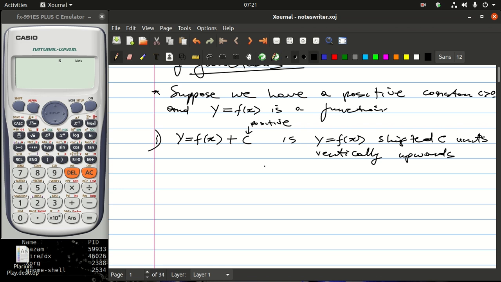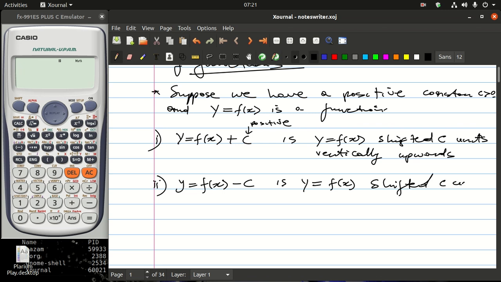And then the second one, y is equal to f of x minus c, is f of x shifted c units vertically downwards.